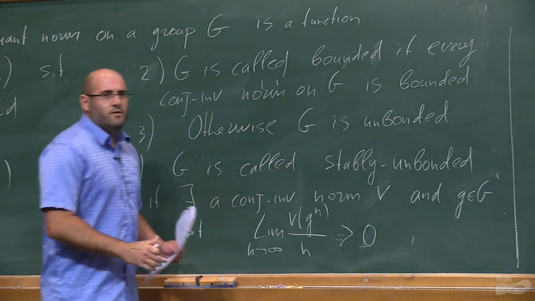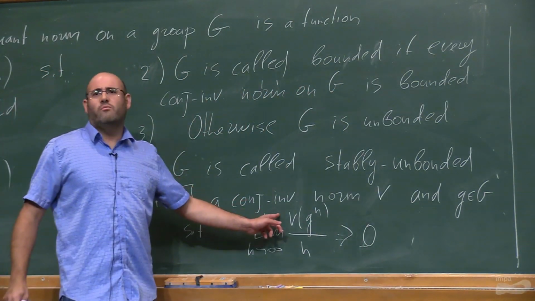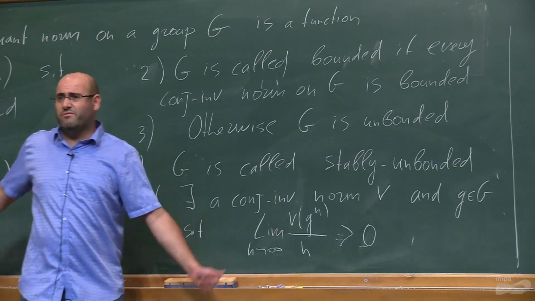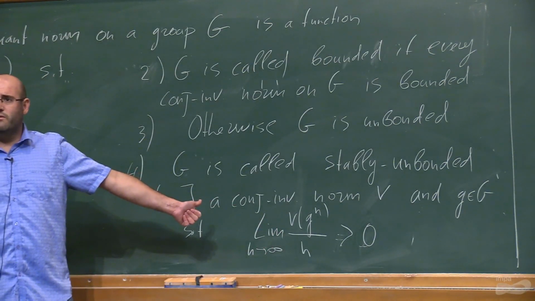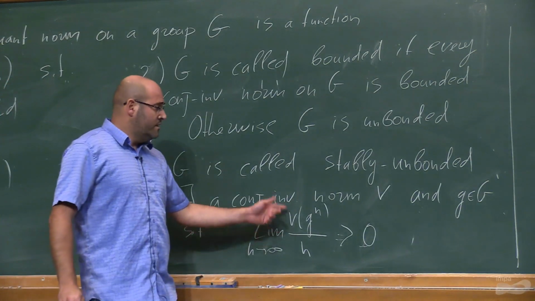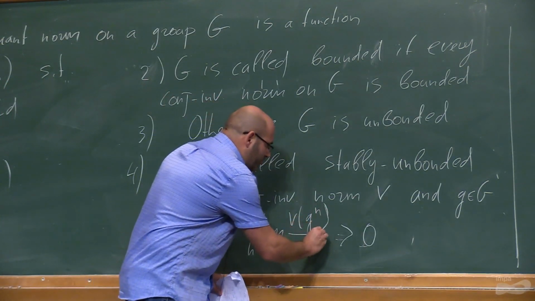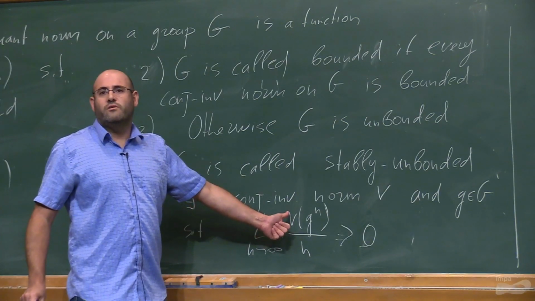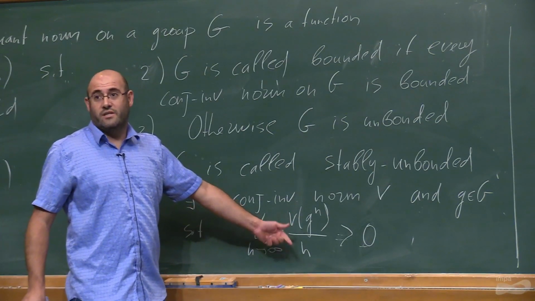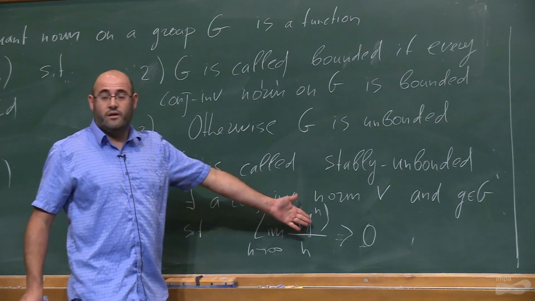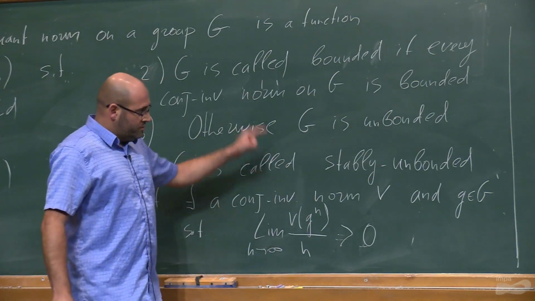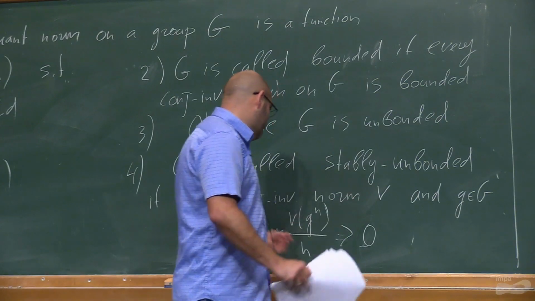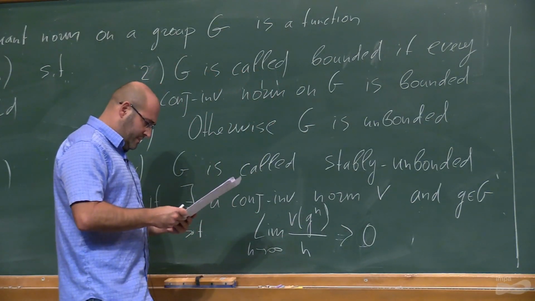Just by the definition of a norm, because this is a subadditive function, this limit exists. It could happen that your norm is unbounded, however it is bounded on every cyclic subgroup, and then this limit is automatically 0. So those are two different notions. Of course, if it is stably unbounded, then it is unbounded.